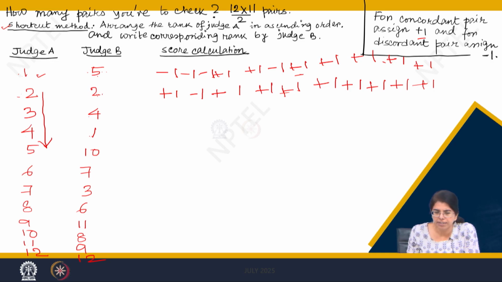So you can just make a check. 2 is smaller than 3, 2 is smaller than 4, so plus 1. 2 is smaller than 4, 2 is bigger than 1, so minus 1, similar type of things. So basically for 1 your score will be 3, total score.